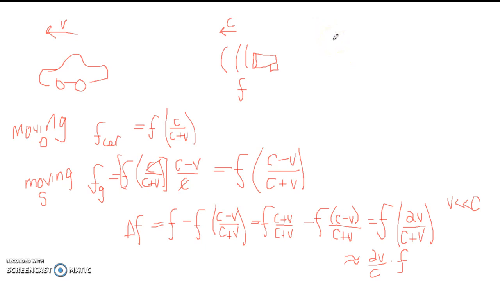So the actual perceived frequency is F minus 2v over c times F. And here, the only assumption that we made that's different than what you could do with a mechanical wave like sound is this: we assume that v is a lot smaller than c, and that would not necessarily be true for a sound wave. That is definitely true for a light wave. So that's where this approximation comes in.